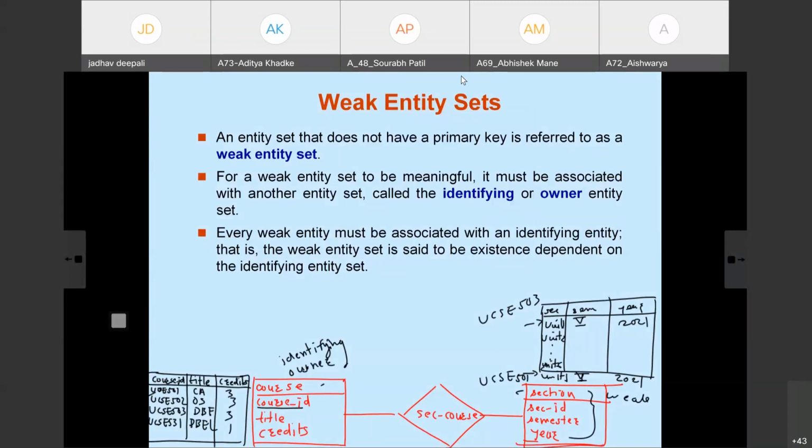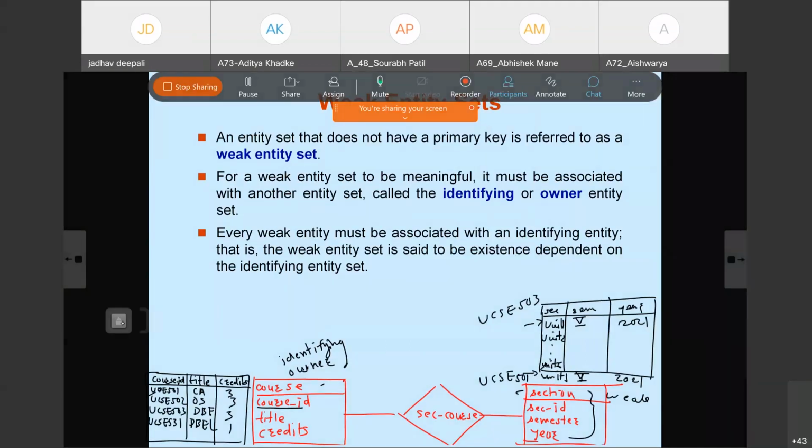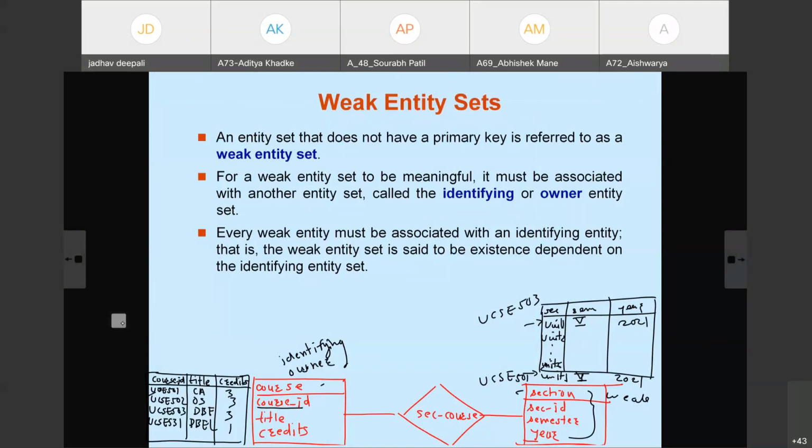This section among itself needs to identify the entity. So these three become the attributes which are used to identify every entity in that entity set. We call it a discriminator.